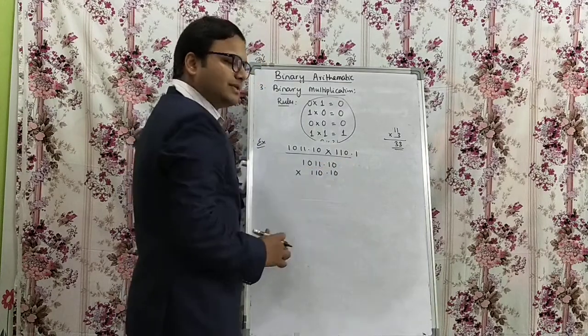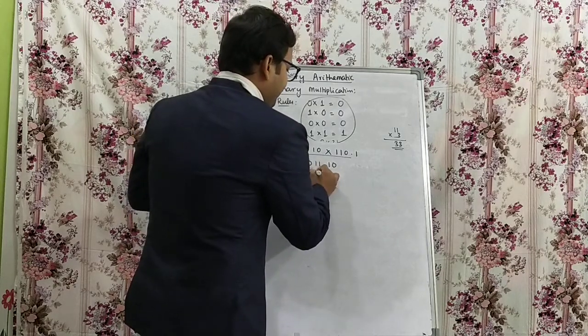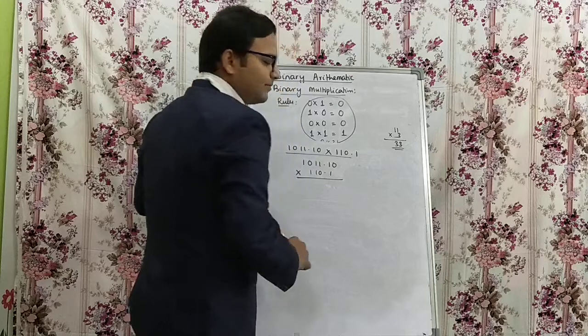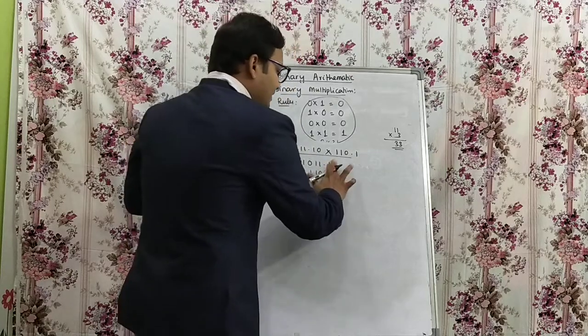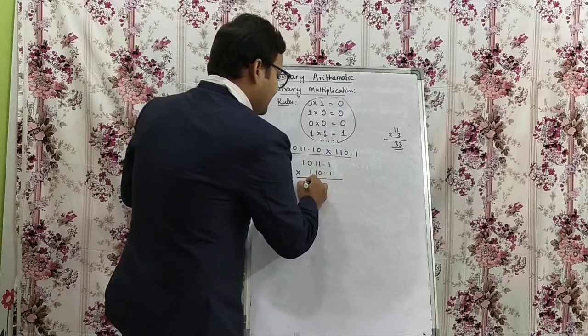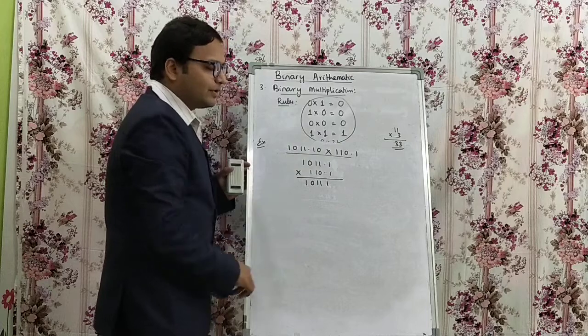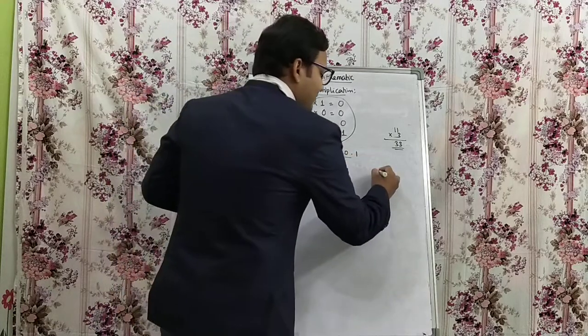Nothing is written means it's 10. You can do it, or else you can do it with 110.1. No problem. Okay. This is also, after 1 it means it's 0, you can remove this. So what you can do? First multiply this, 10111. Remove the point.